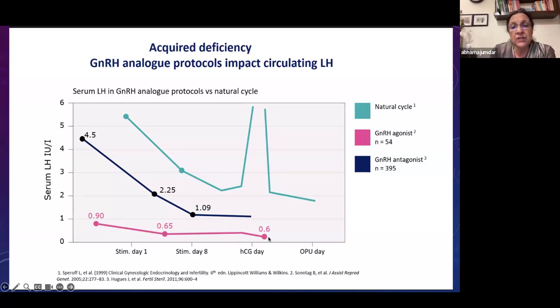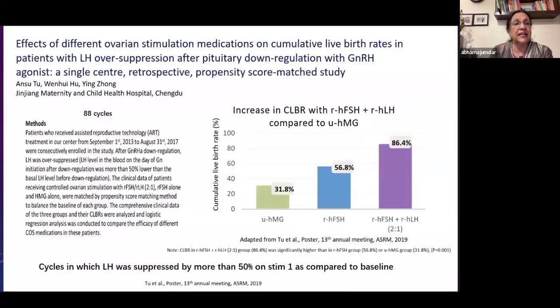So by HCG day, they are the lowest. This is what happens with the two analogs which we use in all IVF cycles with the aim to suppress LH. It suppresses LH quite a bit. So this is an acquired deficiency of FSH and LH.